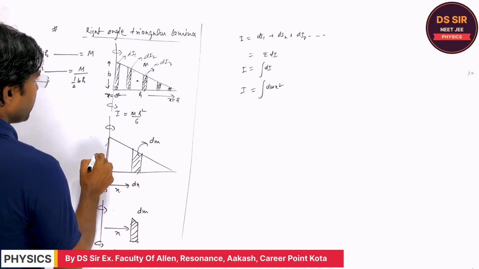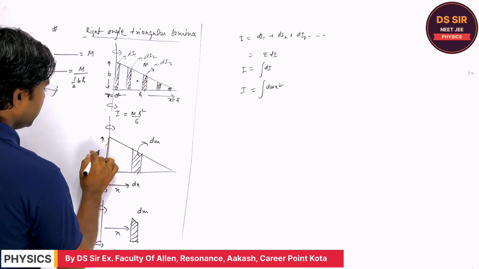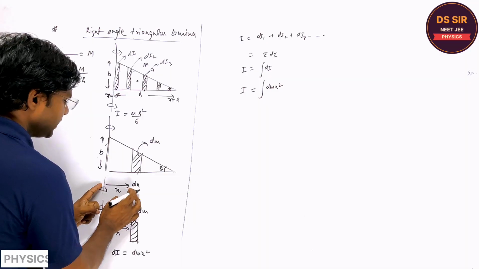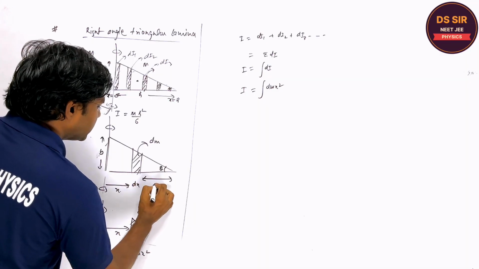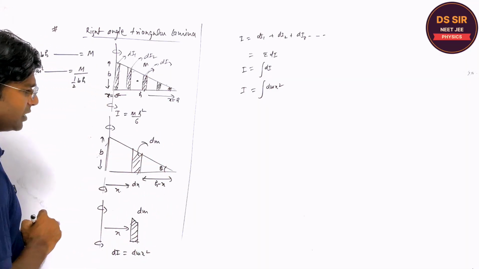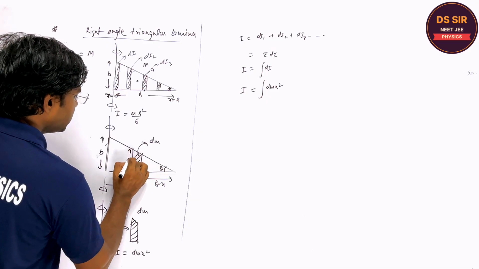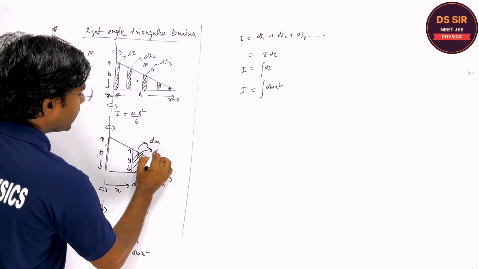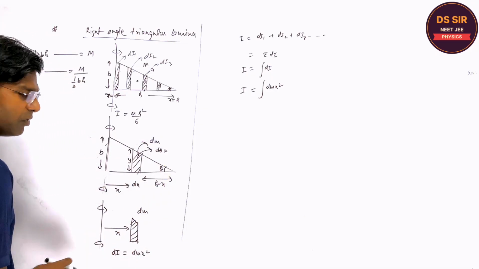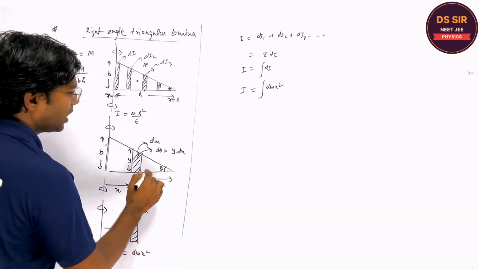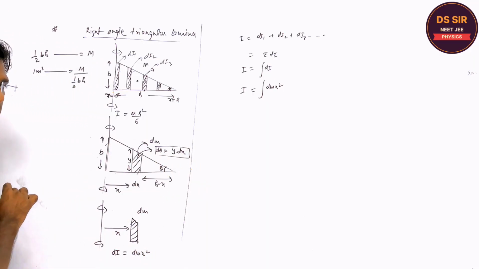And what is the area of this thing? Listen one thing. This is the b, this is theta. If this is x, so what is this distance? Say h minus x. Are you getting or not? And if I assume this distance is y, so what is the dA? You will write dA, the length into width, y into dx. Are you getting this thing or not? Yes, sir.